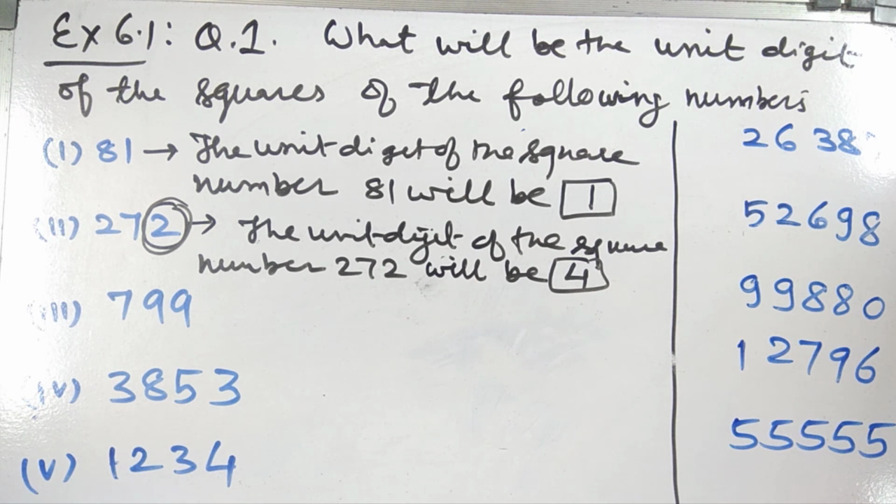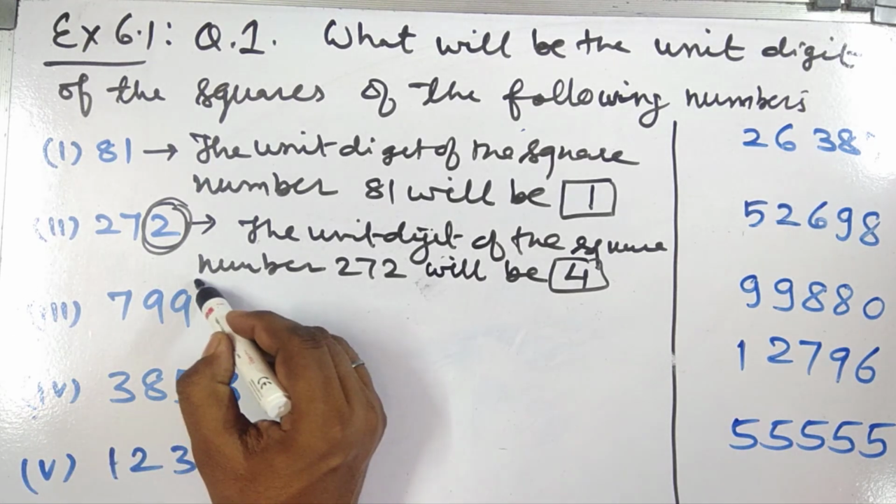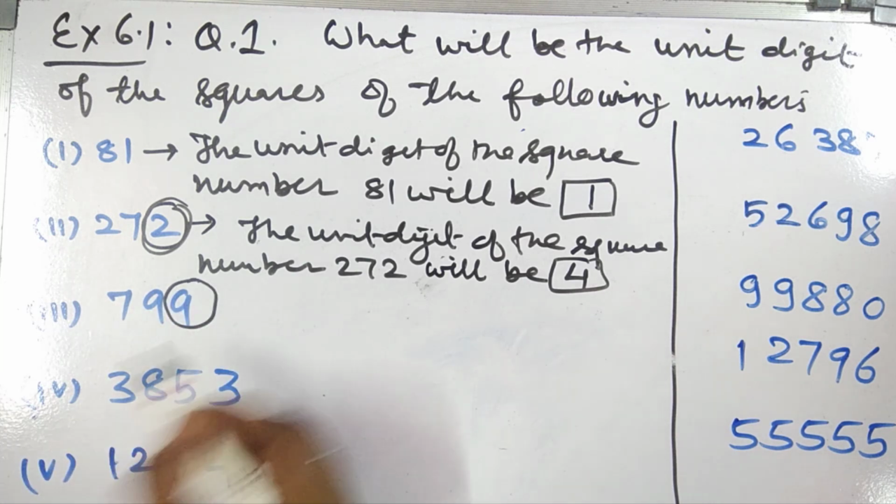So the unit digit of the square number depends on the unit digit.